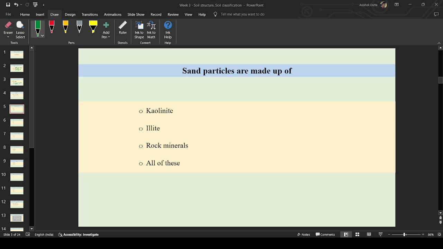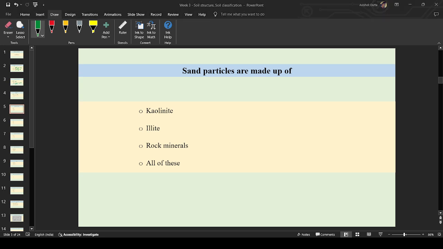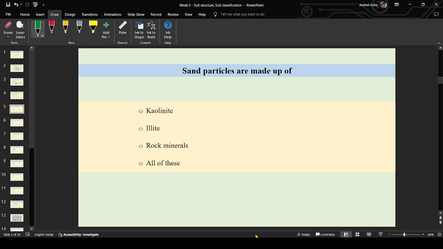Rock minerals. Yes, rock minerals. Yes, Dilshit. You can say or you can type in the chat box, okay? Because I am on the PPT screen, I cannot see all the time if anyone is raising the hand. So sand particles are made up of rock minerals.